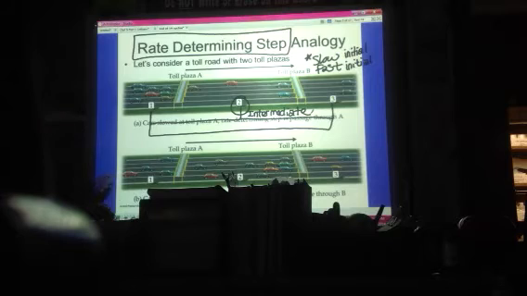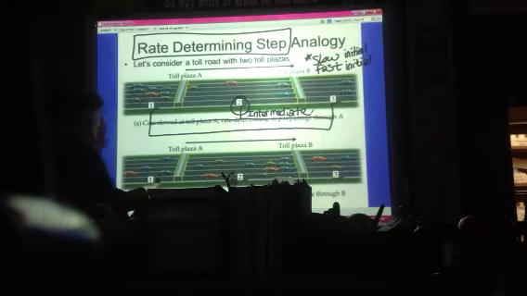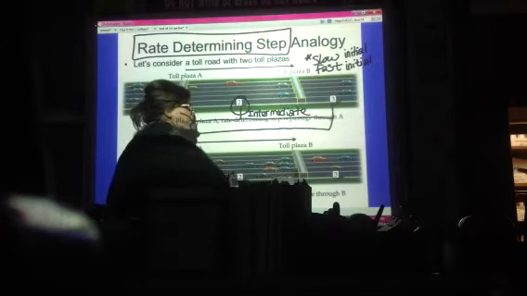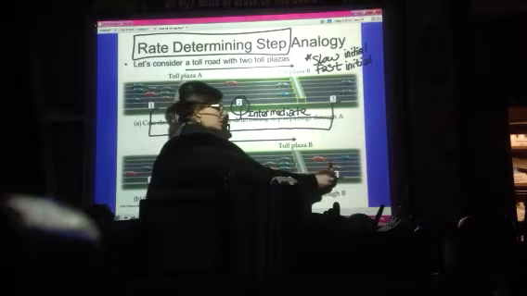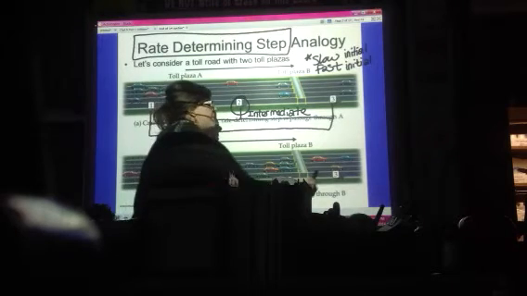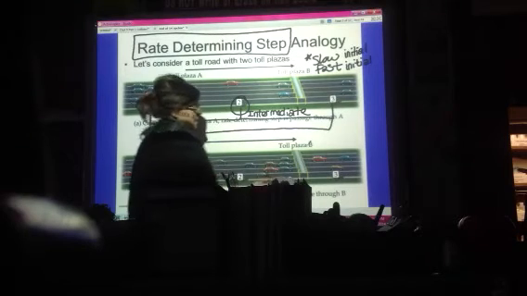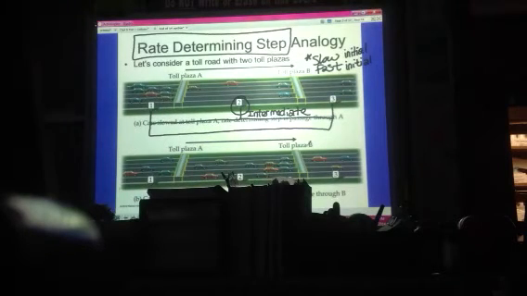But if I look at B, in this analogy with my toll plazas, pretty much what's entering toll A is exiting out. But if I look at toll B, I have a lot of traffic right here and not very many cars on the other side. That means right here between steps 2 and 3, this is going to be my rate determining step.